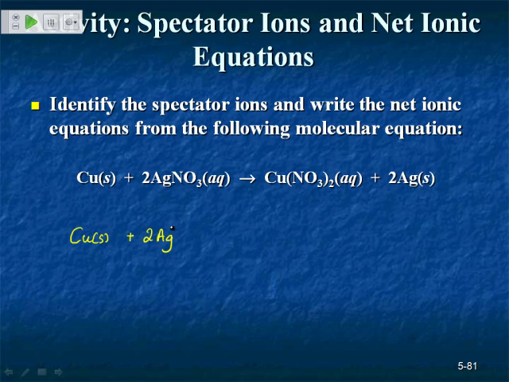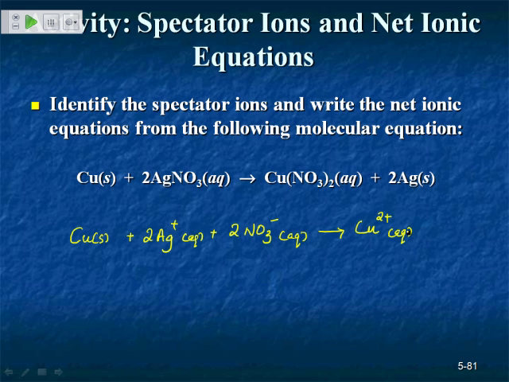2 Ag plus Aq and 2 NO3 minus Aq, giving us, what are we having on the right side? Cu. What is the charge of Cu here? 2 plus. Good. How do we get that?